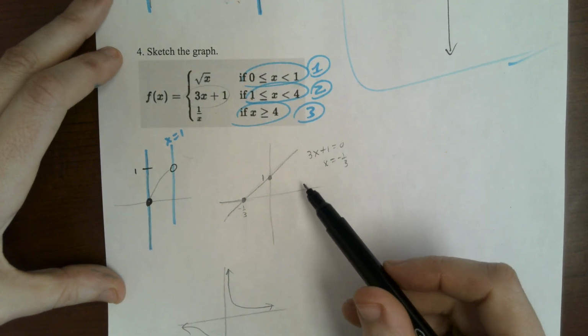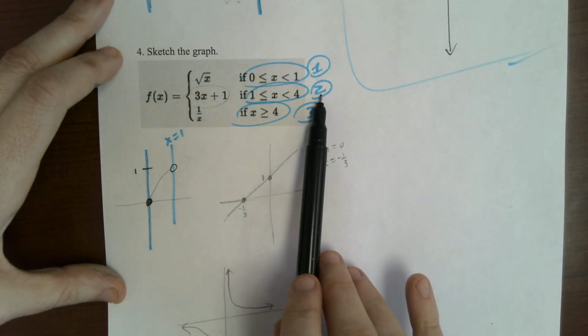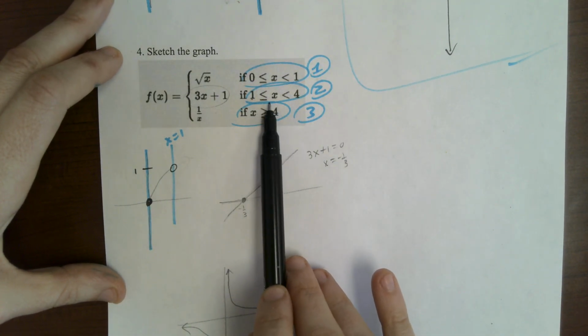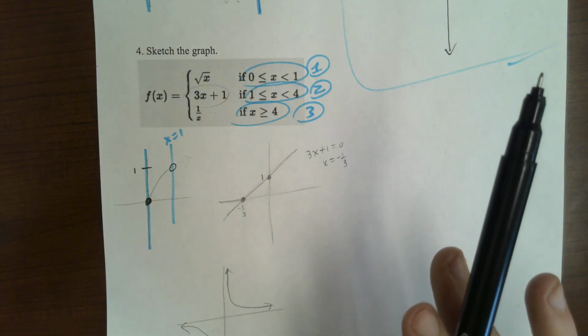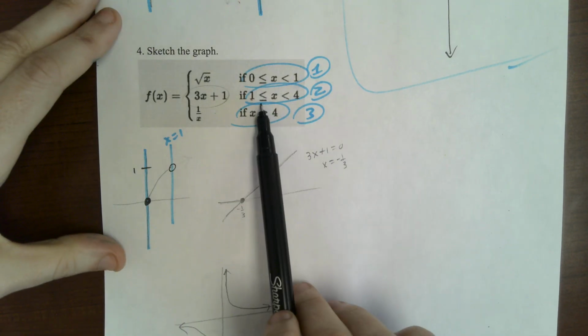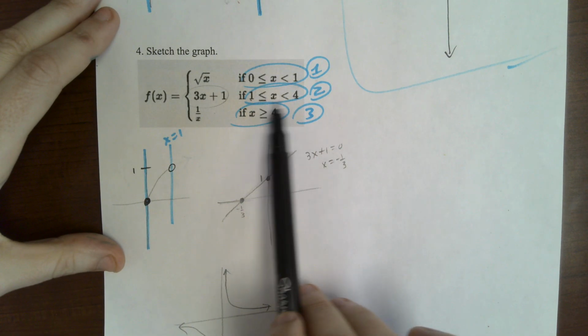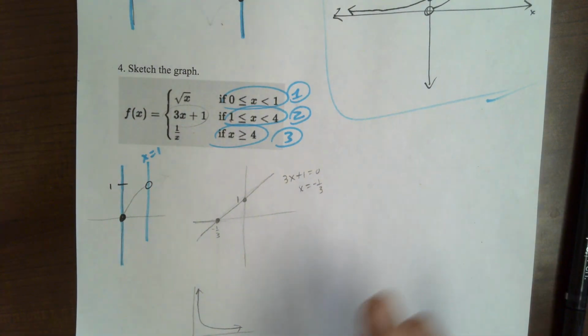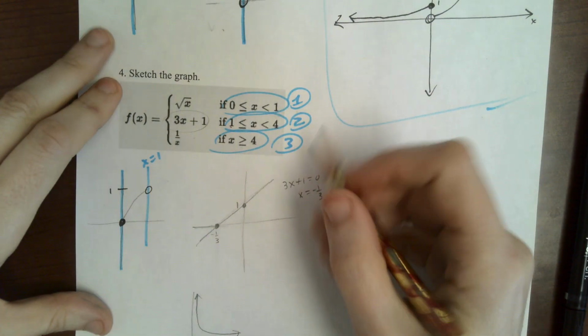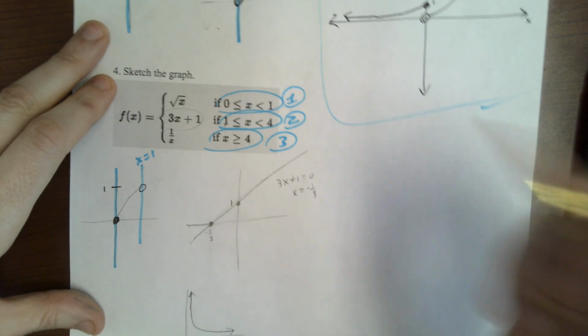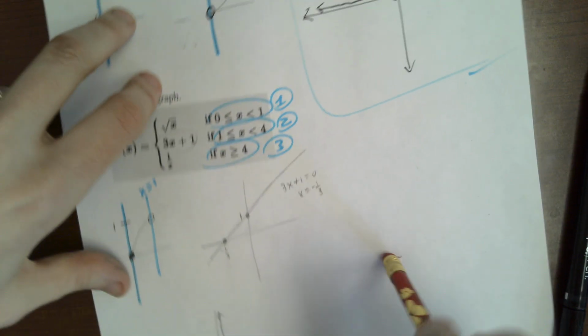Alrighty, now this next one, I'm using the line for section 2. What are the borders of section 2? The borders of section 2 are 1 and 4. Okay, so let me actually extend this so I have some room.